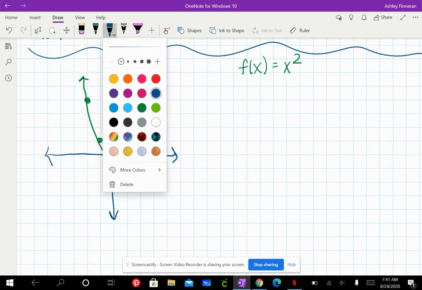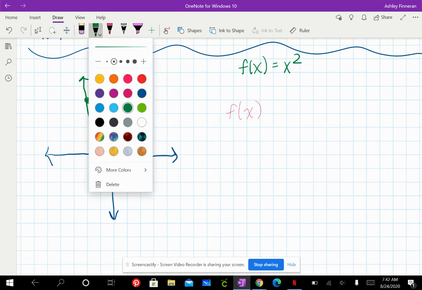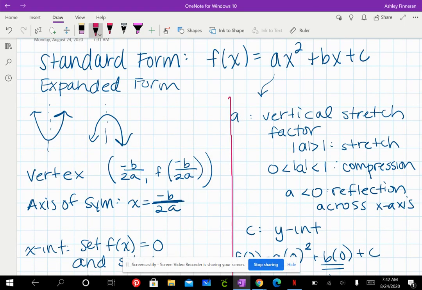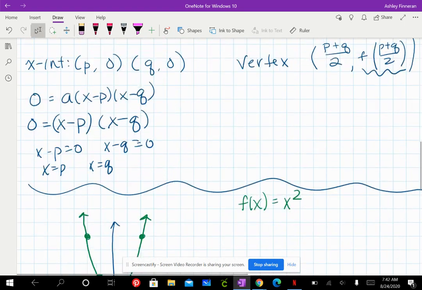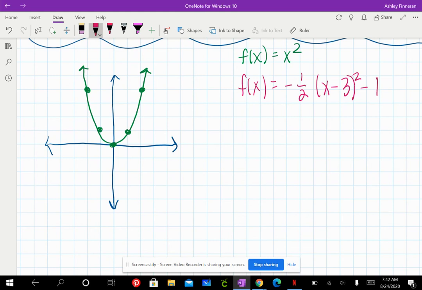So I'm going to pick a function in vertex form. So f of x equals negative 1/2 times x minus 3 squared minus 1.